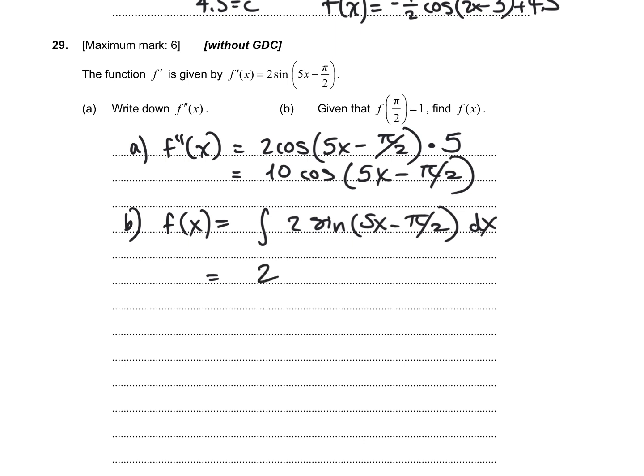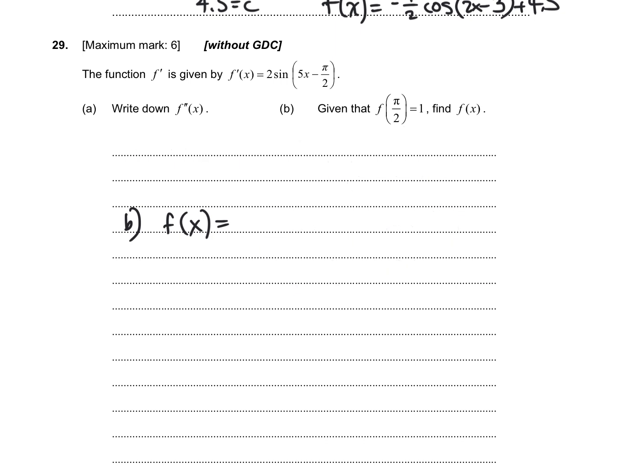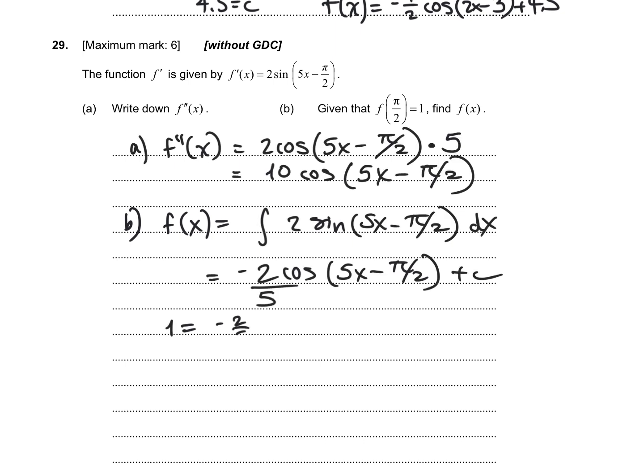So we're going to have 2, and this is going to be negative cosine 5x minus pi over 2, and then we divide by the derivative of the inside plus c, and then we have 1 equals negative 2/5 cosine 5 pi over 2 minus pi over 2, which is 4 pi over 2, which is 2 pi, plus c.